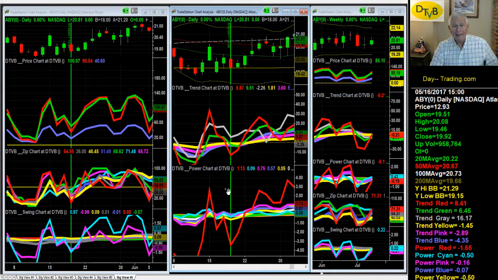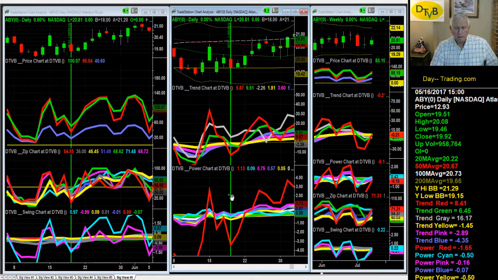And so we have many conditions that would not appear divergent on other systems that are divergent at DTVB. And that's one of the powers that we see, because of the indicators being the heart of the system.